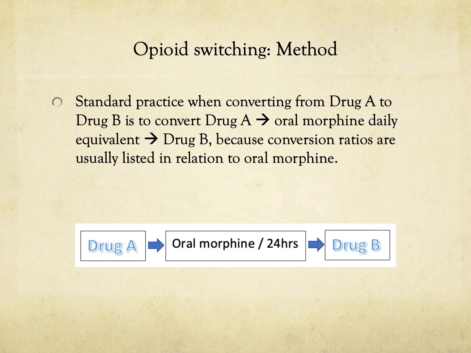When converting from drug A to drug B, first convert from drug A over 24 hours to oral morphine over 24 hours, then convert to drug B over 24 hours. This may seem like an extra step, but it's standard practice to do it this way and allows people to check each other's work.